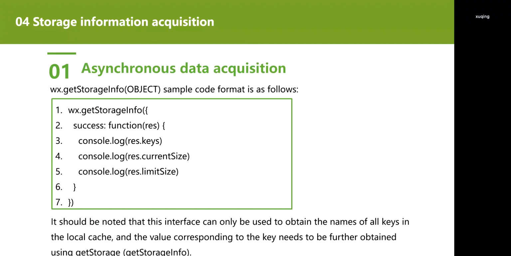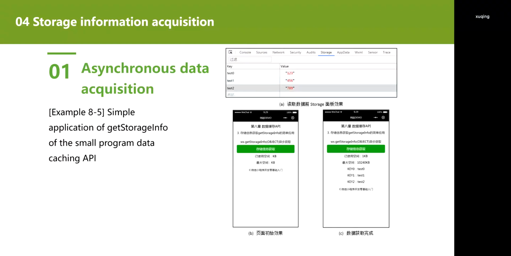We should note that this interface can only be used to obtain the names of all keys in the local cache, and the value corresponding to the key needs to be further obtained using get storage or get storage info. Here we have an example which is a simple application of get storage info of the small program data caching API.